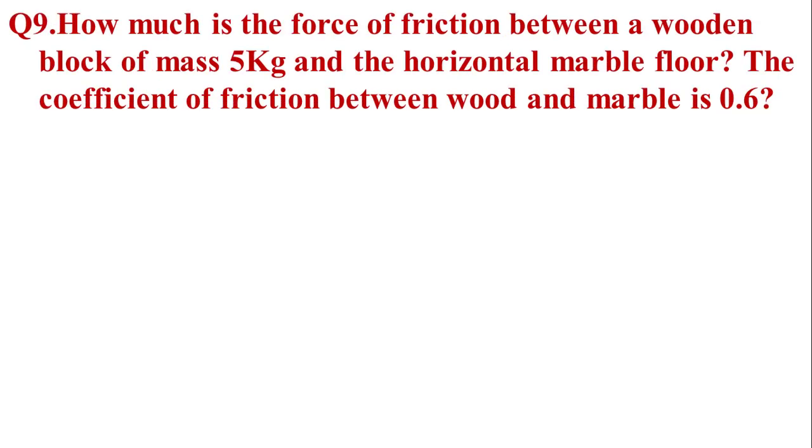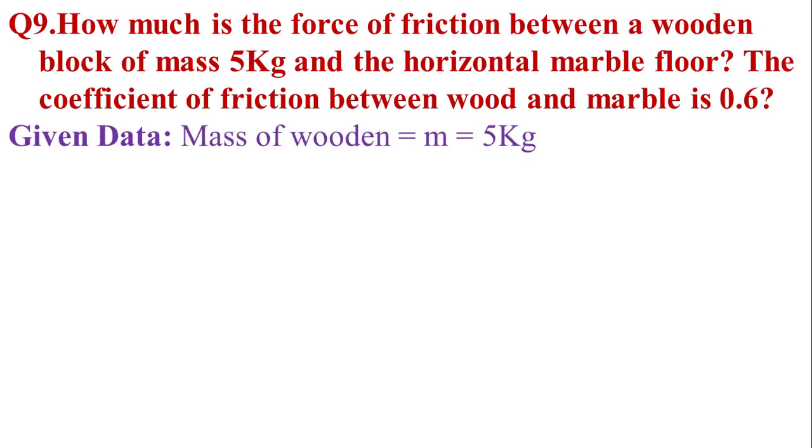In numerical number 9, how much is the force of friction between a wooden block of mass 5 kg and the horizontal marble floor? The coefficient of friction between the wood and marble is 0.6.